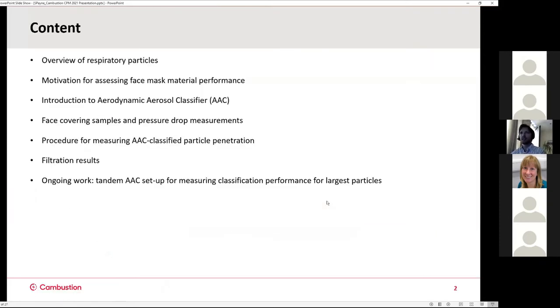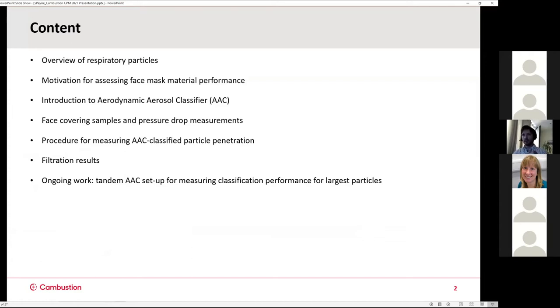I'll be presenting an overview of the content. First, an overview of respiratory particles, a lot of which was obviously covered by Stephen in the beginning of his presentation. The motivation for assessing the face mask material performance. Then an introduction to the AAC for those unfamiliar with it.